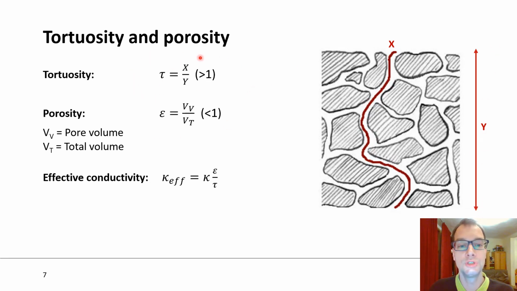So the tortuosity is x divided by y, and it's always larger than 1. The porosity indicates the pore volume of the electrolyte compared to the total volume, and that one is always smaller than 1.